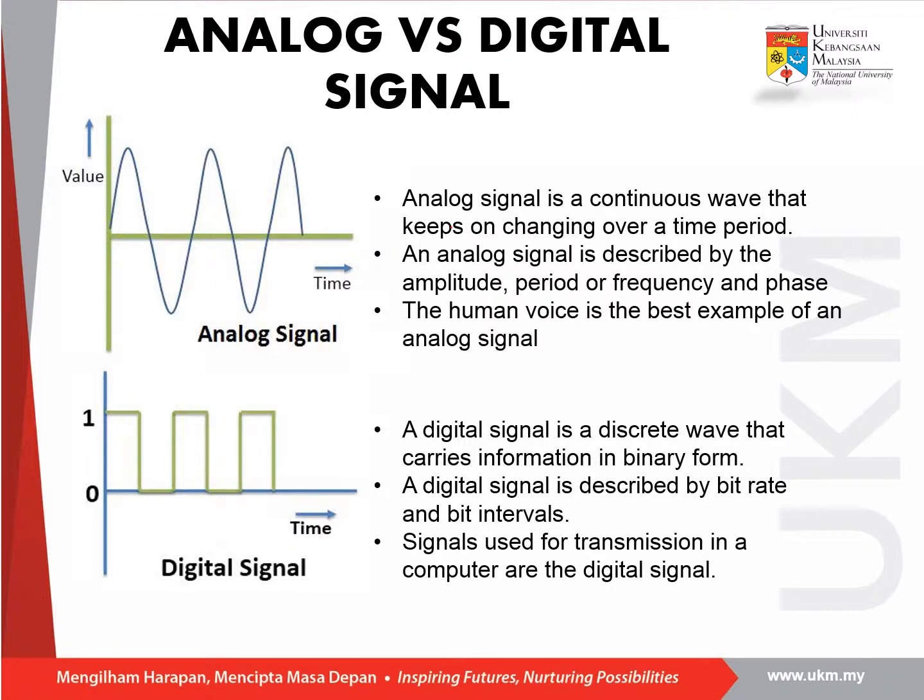One example of an analog signal is a human voice. Next, digital signal. A digital signal is a discrete wave that carries information in binary form. A digital signal is described by bit rate and bit intervals.